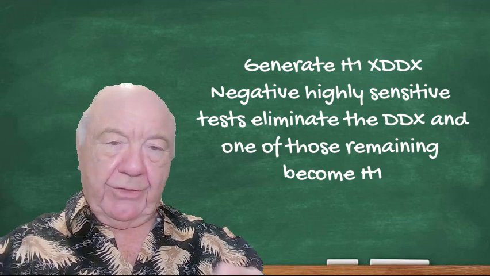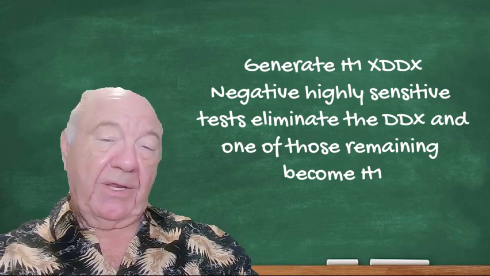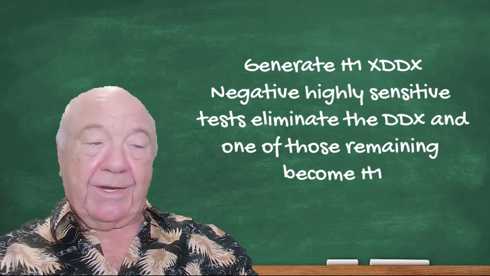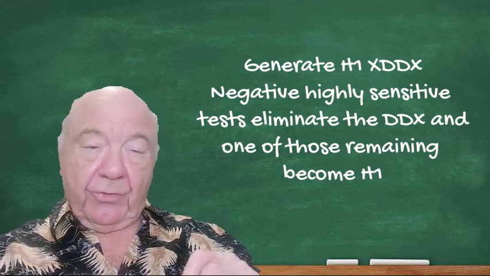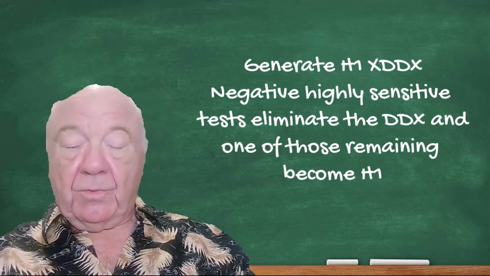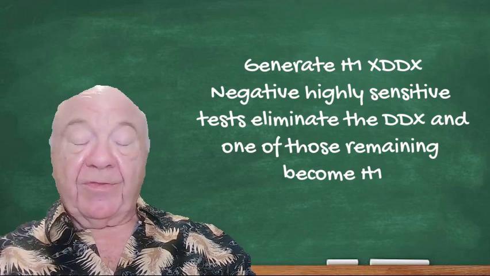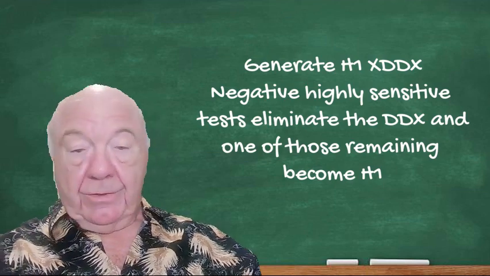We'll go back to the elbow, we'll generate a list of differential diagnoses, but instead of going through the exam for each one, we would use some highly sensitive tests, which, if negative, would eliminate it. For example, you would test tendinopathy by palpating the tendon. If it's not tender, it's gone.